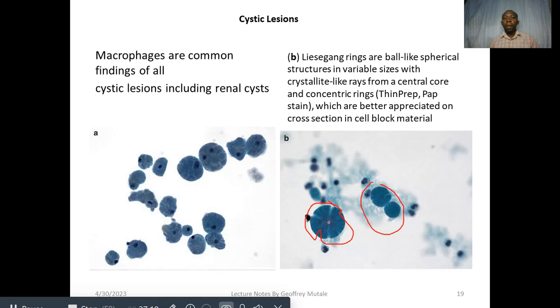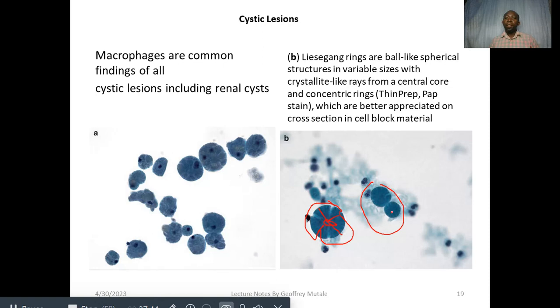If we look, for example, at this bigger one, we see something like radiation coming out of the center here, and then they spread outwards. So we can appreciate different crystal-like rays from the central core here, and then concentric rings sometimes may appear.